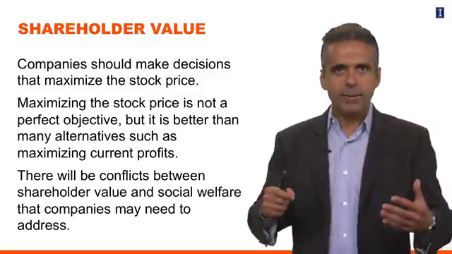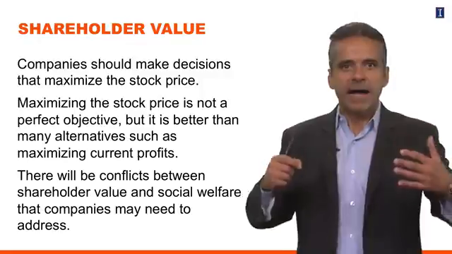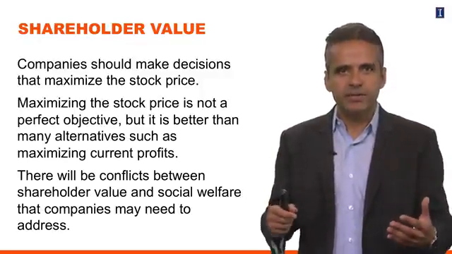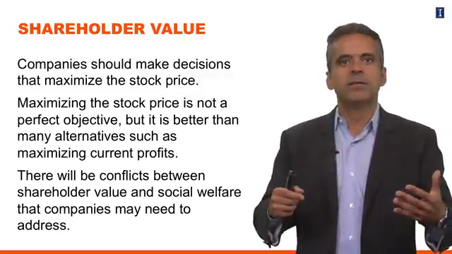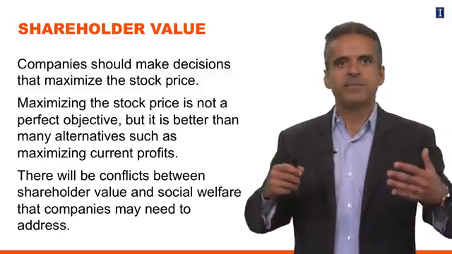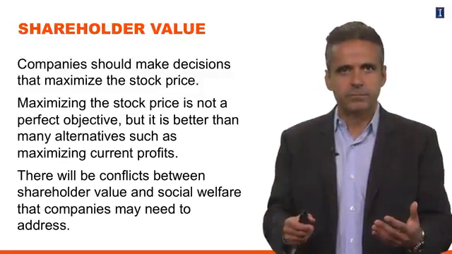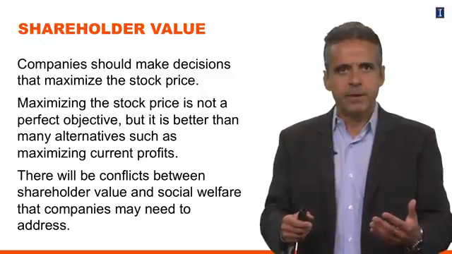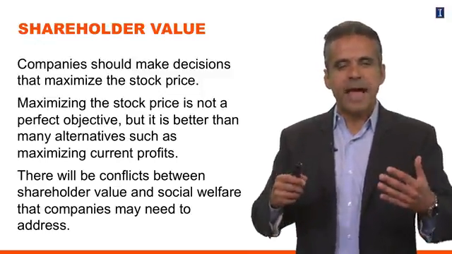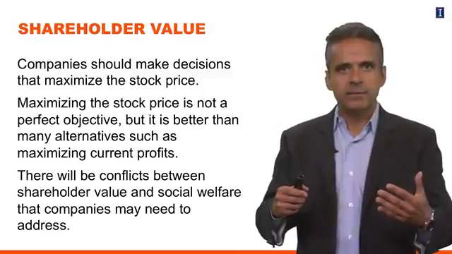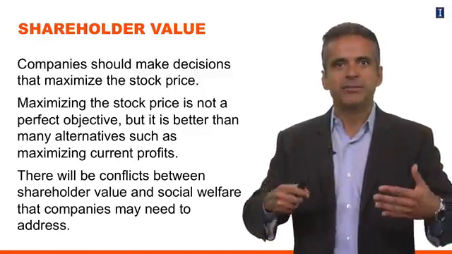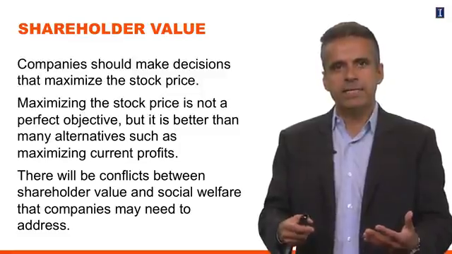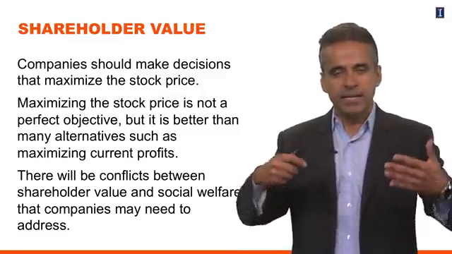And we talked a lot about the fact that maximizing the stock price is not a perfect objective, but it is better than many alternatives, in particular, maximizing current profits. Remember that maximizing a stock price might create conflicts between shareholder value and social welfare, that companies may need to address in some way.